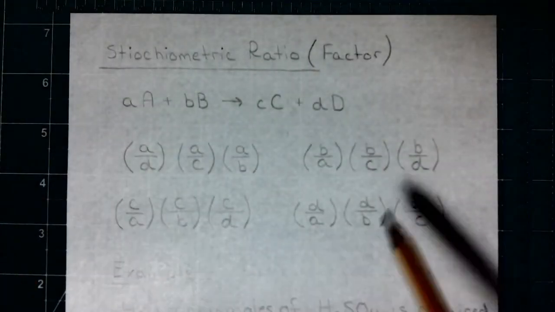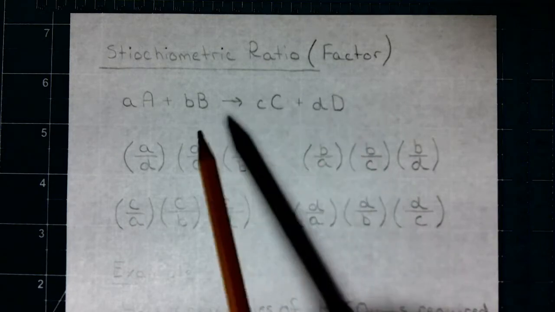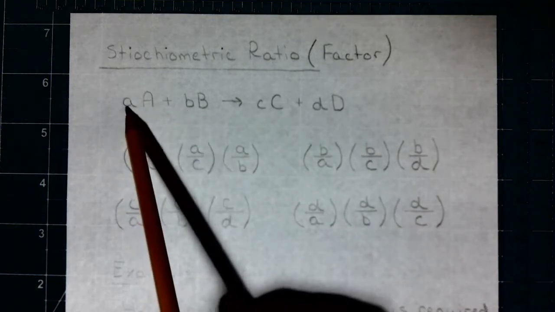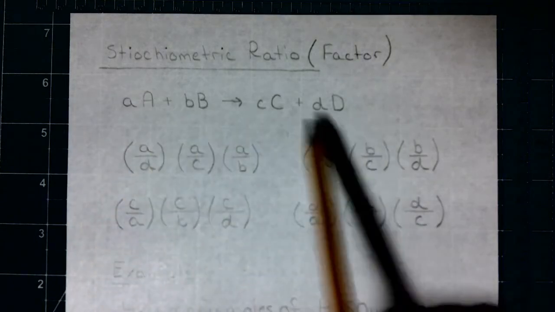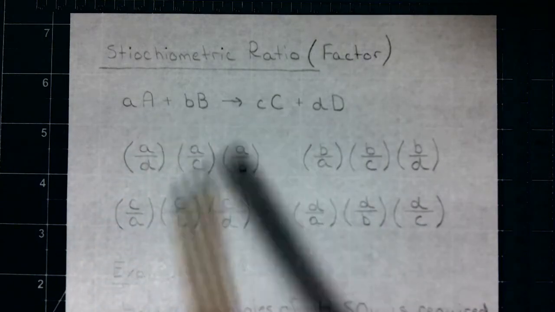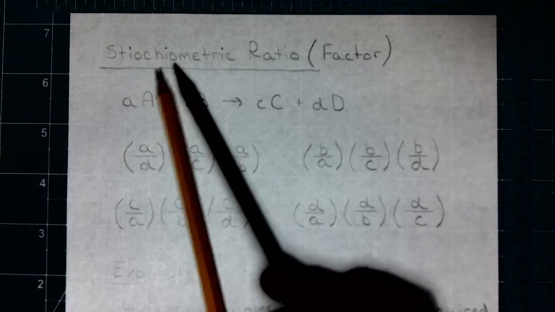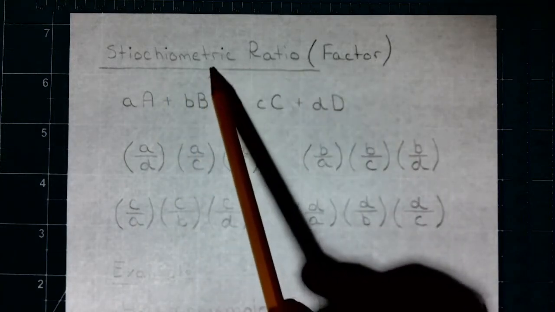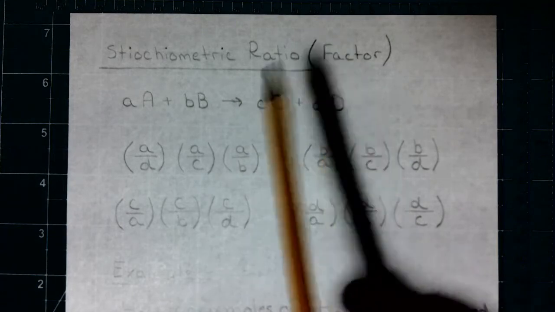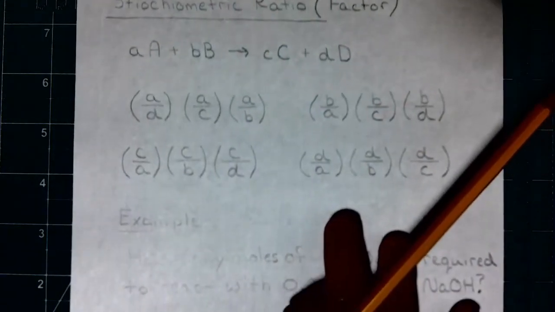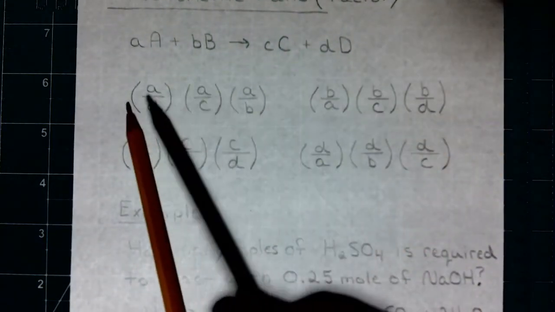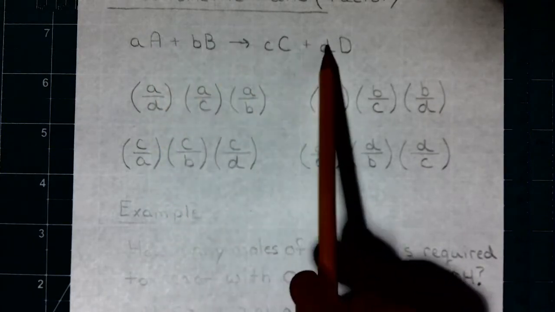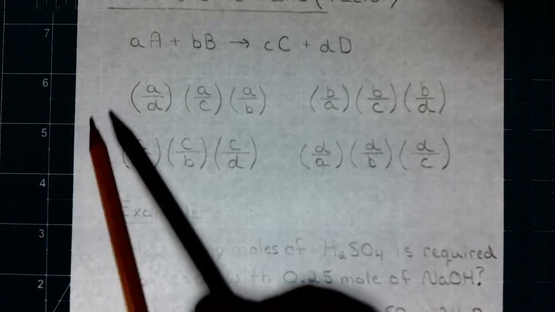So the coefficients that we use in our chemical reactions allow us to get a lot of insight into what's happening quantitatively during a chemical reaction. And we do this by making what we call stoichiometric ratios. Sometimes they call them stoichiometric factors. And these are just conversion factors between the different components of the reaction. Okay?